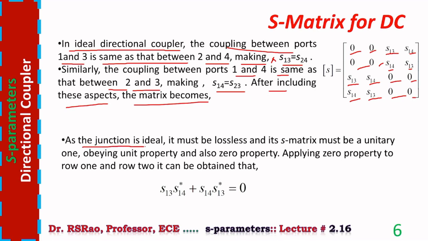As the junction is ideal, it must be lossless and its S matrix must be a unitary one, obeying the unit property and also the zero property. Applying the zero property to row 1 and row 2, it can be obtained that S13 into S14 conjugate plus S14 into S13 conjugate equals 0.